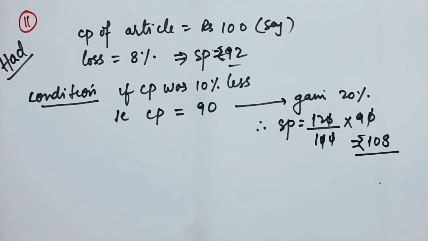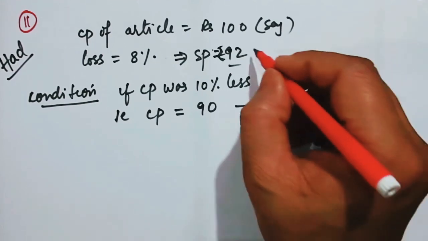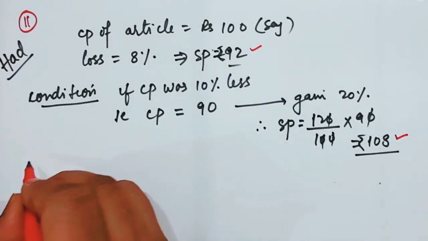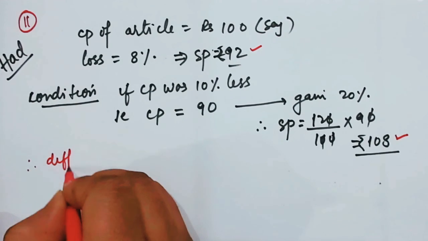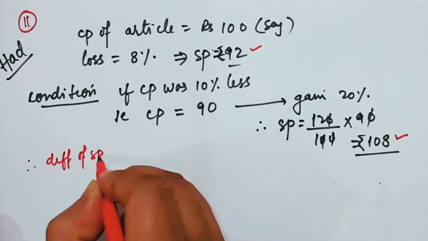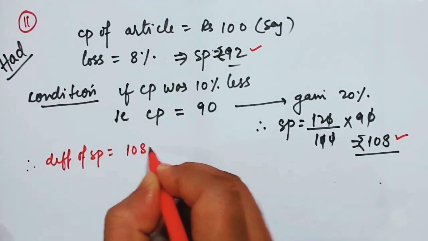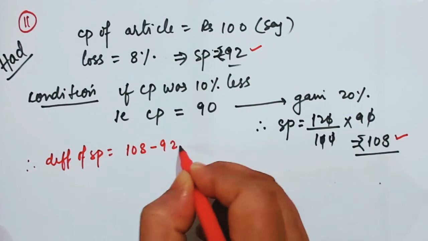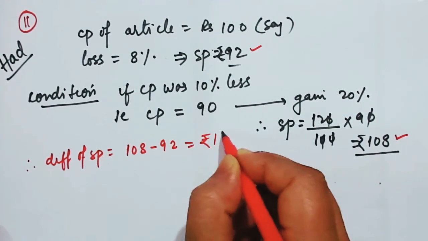Rupees 108 is the selling price. Don't you see that this selling price is more than the previous one? Therefore, difference of selling price is equal to 108 minus 92 is equal to rupees 16.